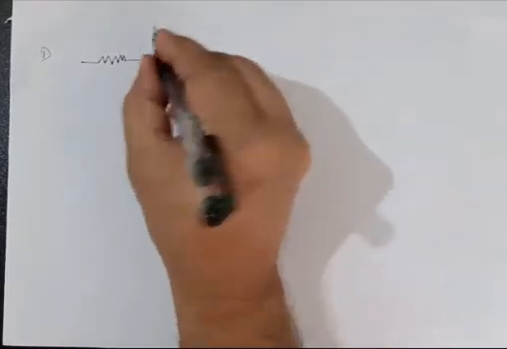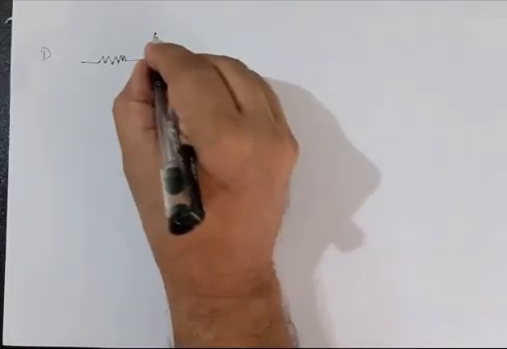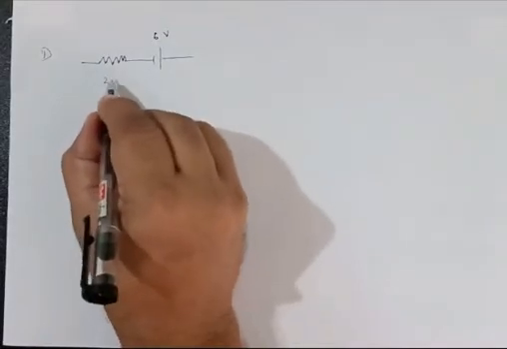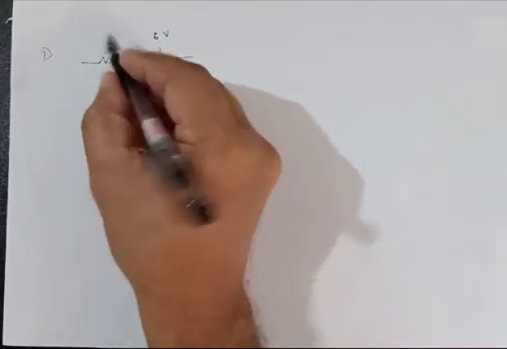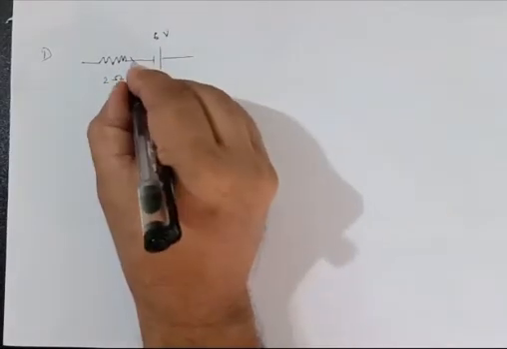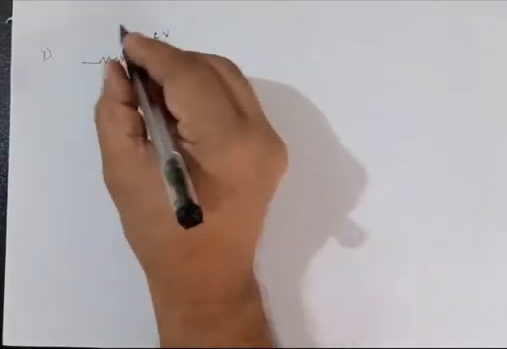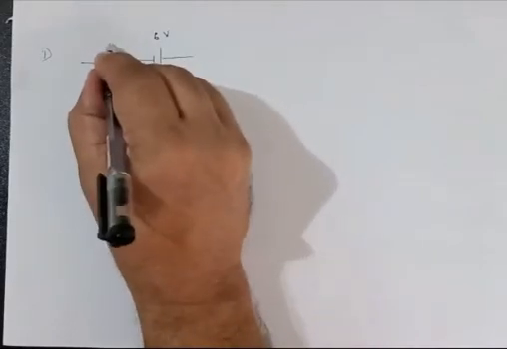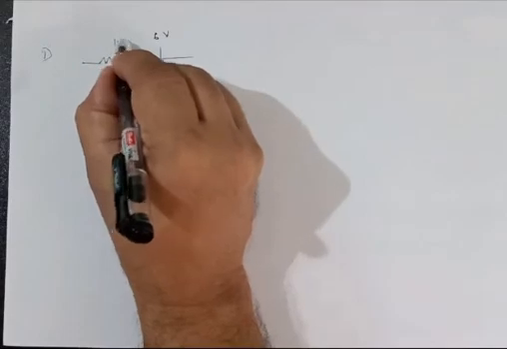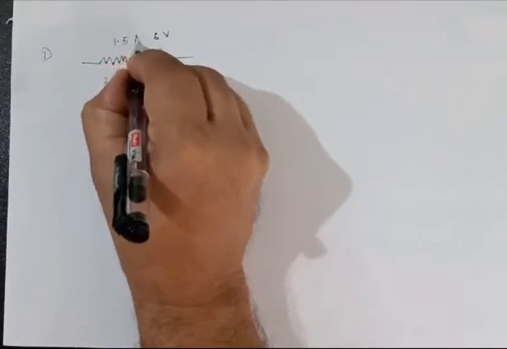Let us assume that the cell is 6 volt and the resistance is 2 ohm, and the current passing is of course in this direction, let us assume that this is 1.5 amp.